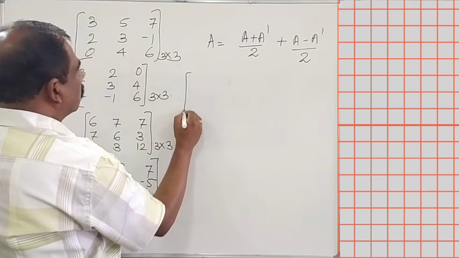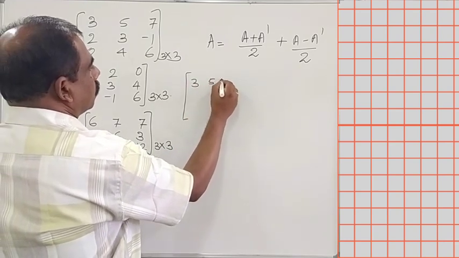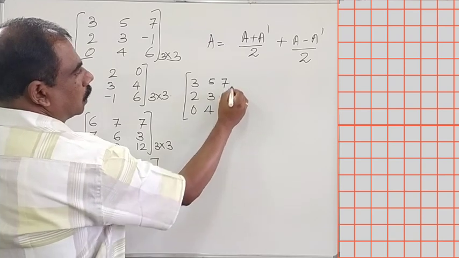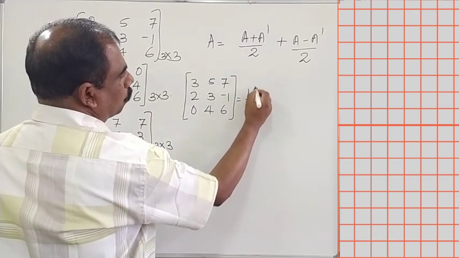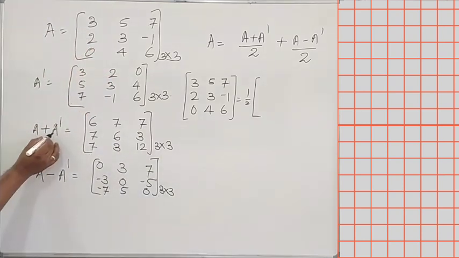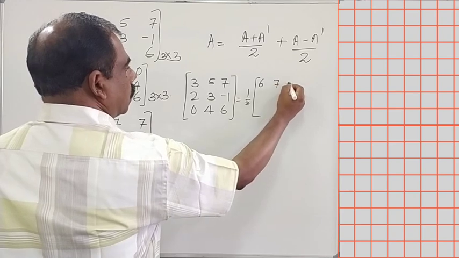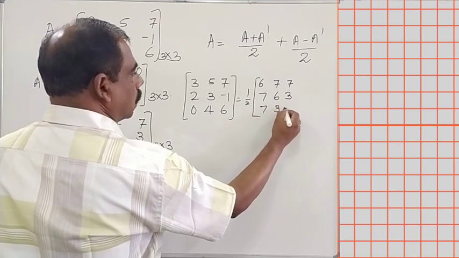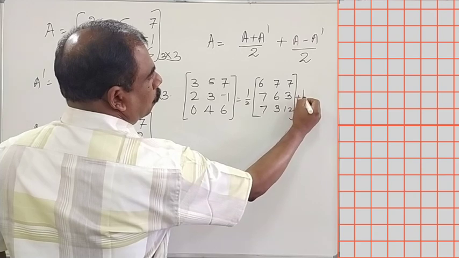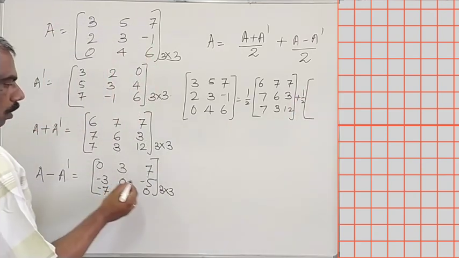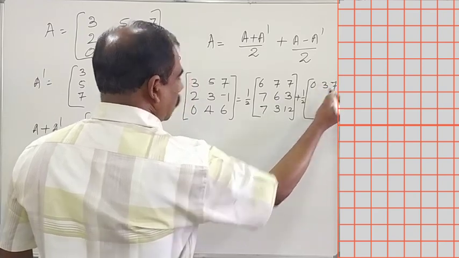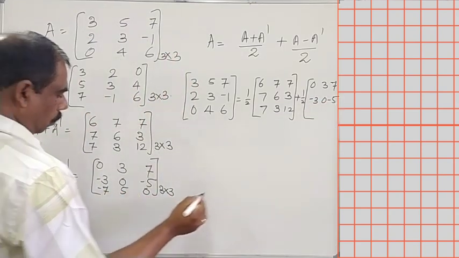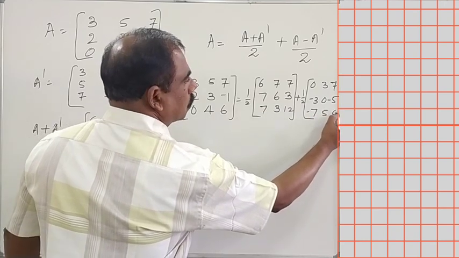That means the given matrix 3, 5, 7, 2, 3, minus 1, 0, 4, 6 is equal to half of the first matrix, that is A plus A transpose, 6, 7, 7, 7, 6, 3, 7, 3, 12, plus half of the second matrix 0, 3, 7, minus 3, 0, minus 5, the last row minus 7, 5, 0.